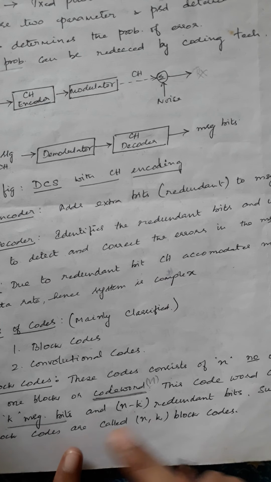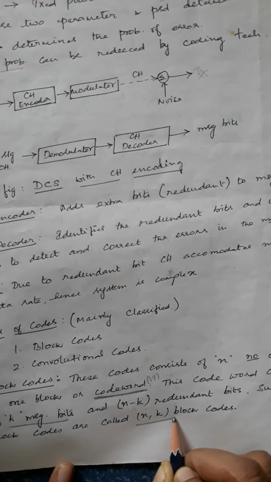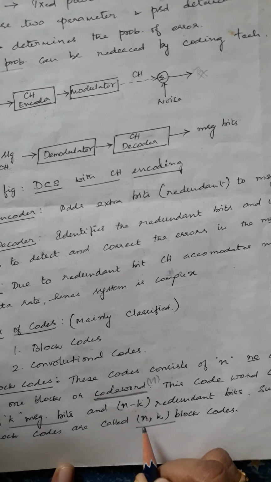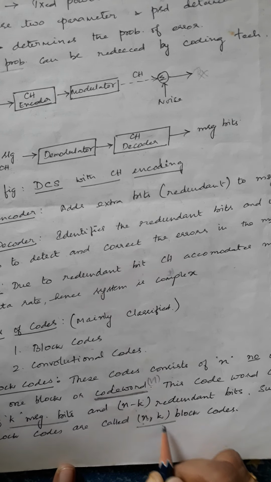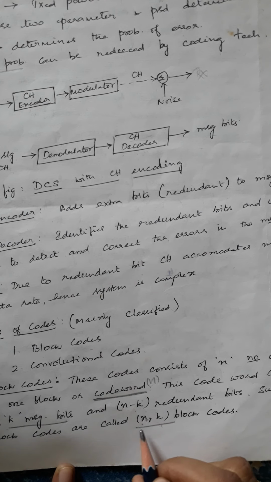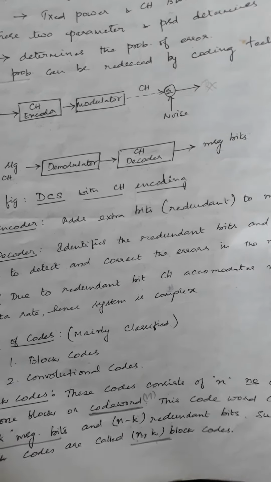Such a code is called a block code and it is always represented as (n, k). So, n refers to the number of bits in a code word and k refers to the number of message bits in the code word. In general, a block code is represented by an (n, k) block code.